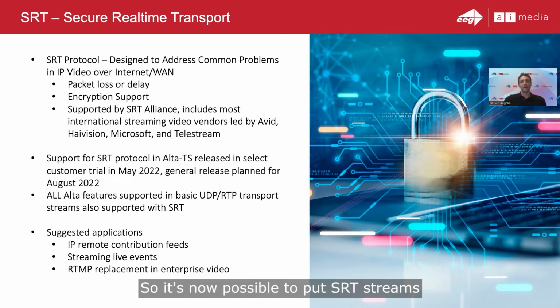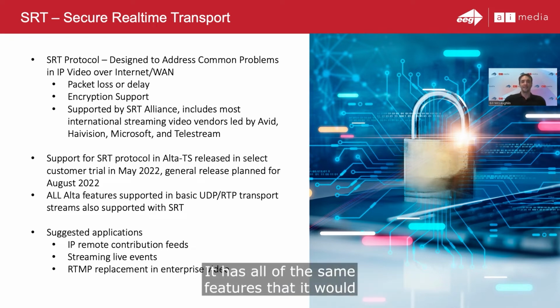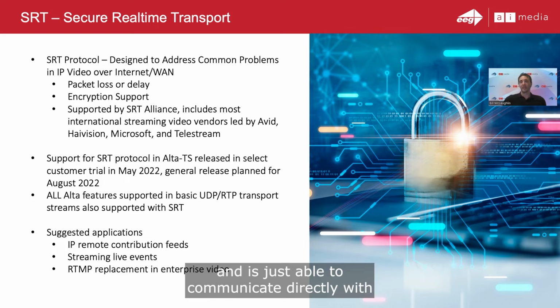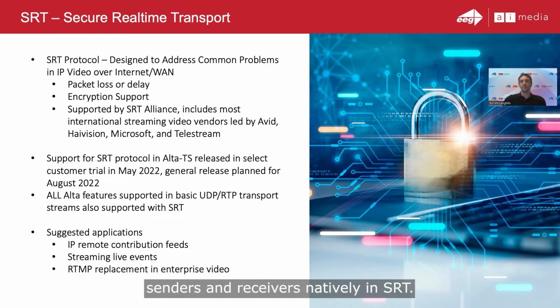So it's now possible to put SRT streams both in and out of the Alta product. It has all of the same features that it would have with a basic transport stream, and is able to communicate directly with senders and receivers natively in SRT.